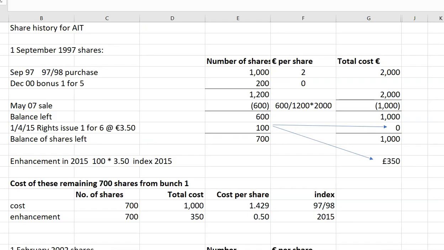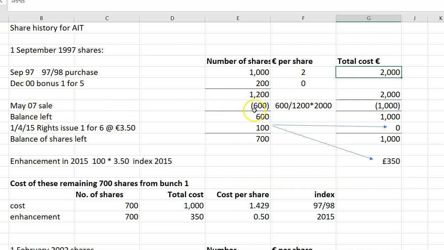And I have that down here, so you can see. 1,000 shares, the bonus issue is here. The thing about a bonus issue is there's no cost, so the total cost doesn't increase. I've got a per share cost, but you don't really need that yet.